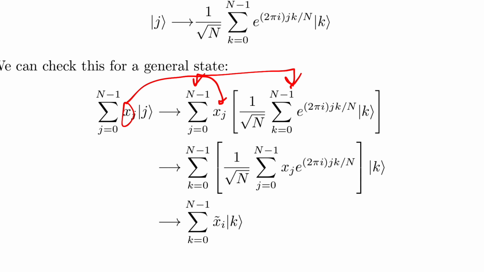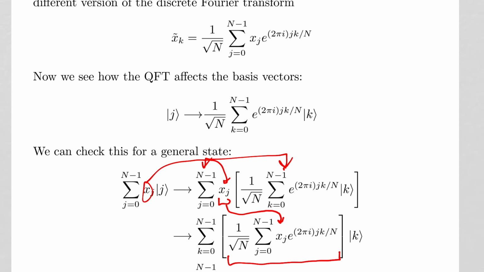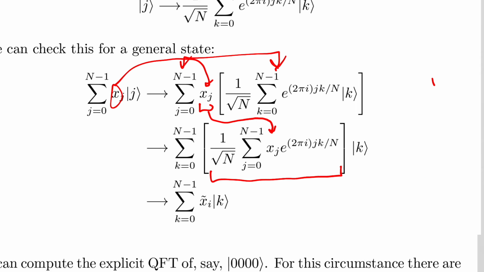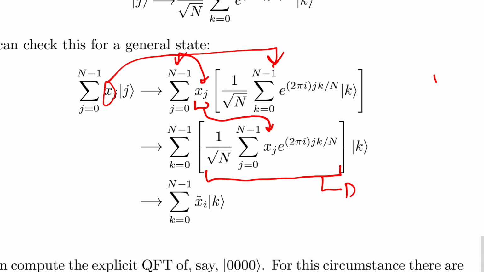And then I can not only swap the sums, but I can also take the amplitudes and move them into the sum under J. And then what I have is this object. And that object is exactly the same as this object. In other words, this is the discrete Fourier transform of these amplitudes.